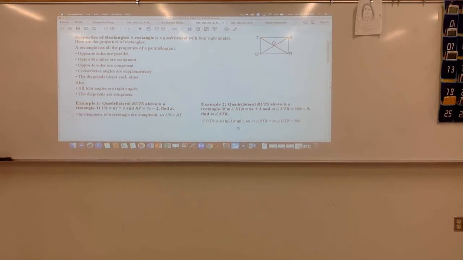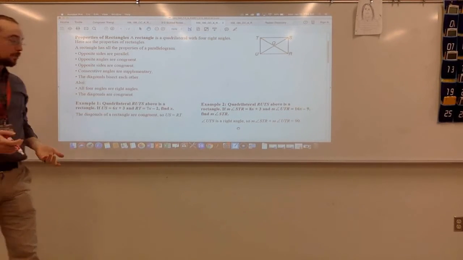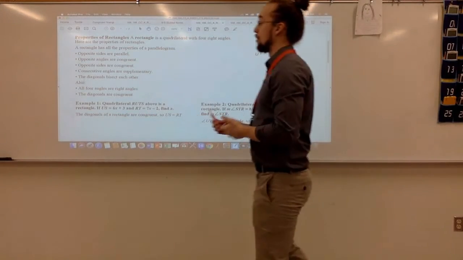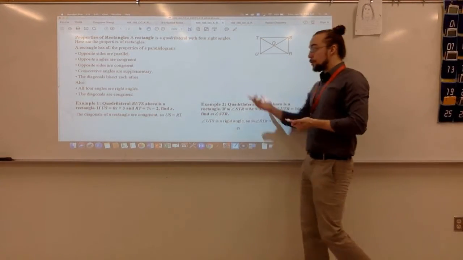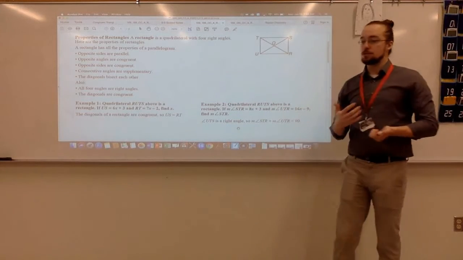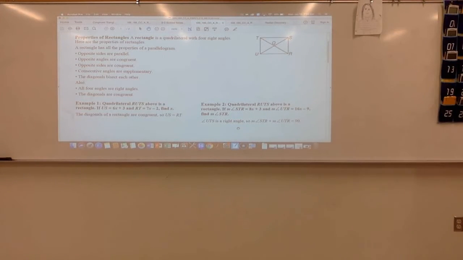All 4 angles are right angles. That's kind of the definition of a rectangle. But then another one is that the diagonals are congruent. So not only do the diagonals bisect each other, but in a rectangle, the diagonals are also congruent. So we're going to use these properties to set up and solve some problems today.